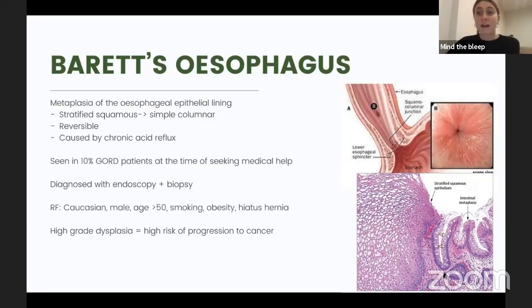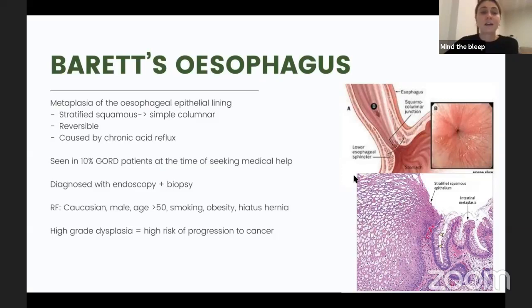So in Barrett's esophagus, this lining of the esophagus, the stratified squamous epithelium, is transformed to this intestinal lining to be able to deal with this damage, erosion, and an acidic environment better. It is a reversible change.